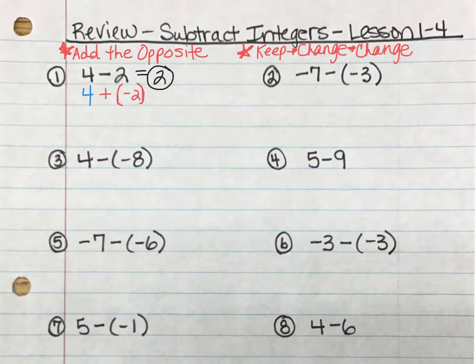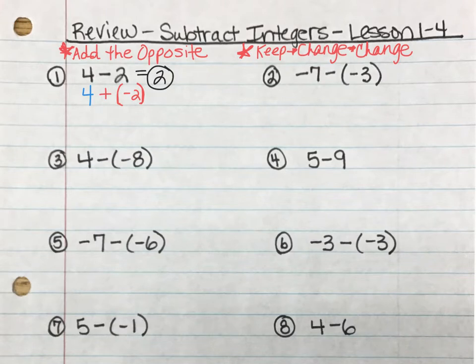And 4 plus a negative 2 is 2. Okay, so you can see how the problems look very similar to each other, but we always change that subtraction sign to an addition sign, and then we always change the second number after that into its opposite.